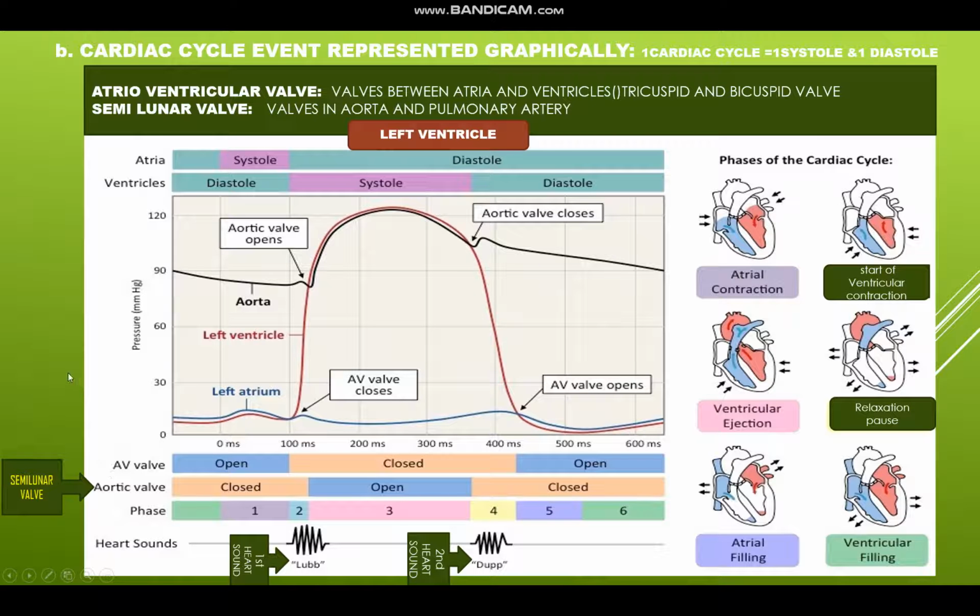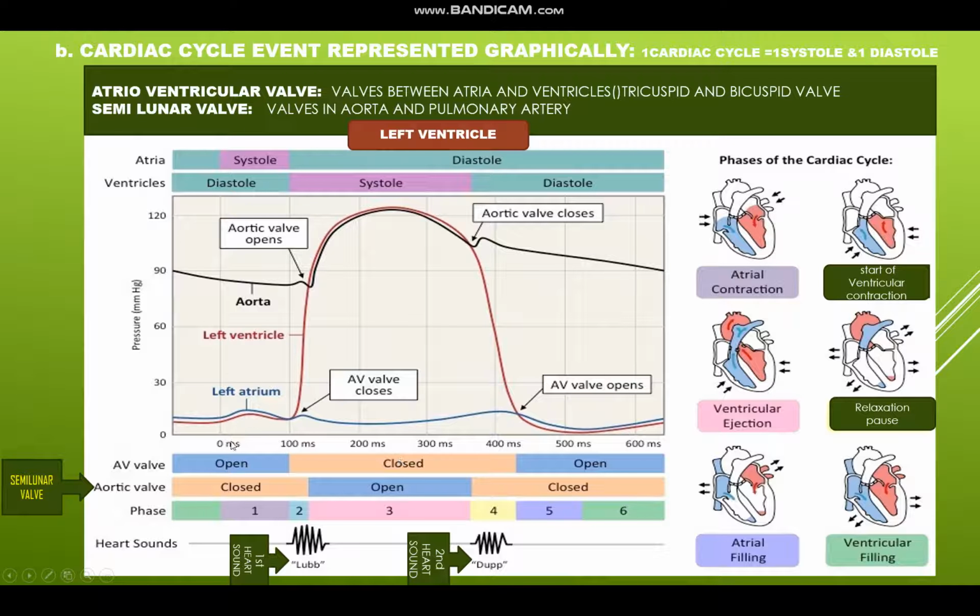Now it is also showing the aortic valve, in which segment it is closed. So here you can see that if the AV valve closes in this segment, the aortic valve opens. And here, once the blood is entering into the ventricle and pouring its contents into the aorta, the aortic valve opens. At the same time, the AV valve closes.